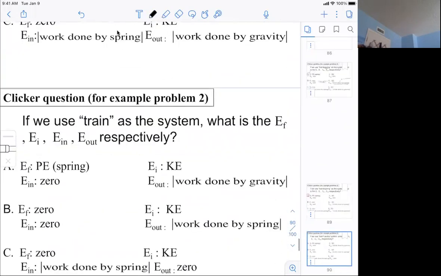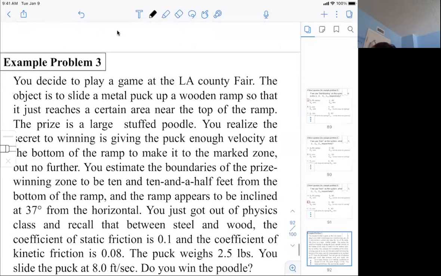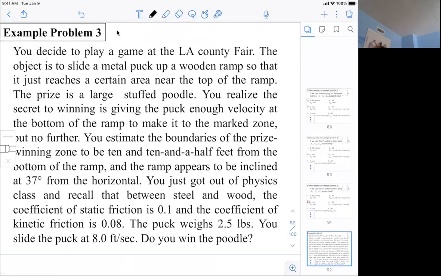We don't really have much time left. For the last problem, I just wanted to set it up, and then you can look at my solution later on outside of class. This one has to do with the work done by friction. So here, basically, I will just summarize the problem for you.